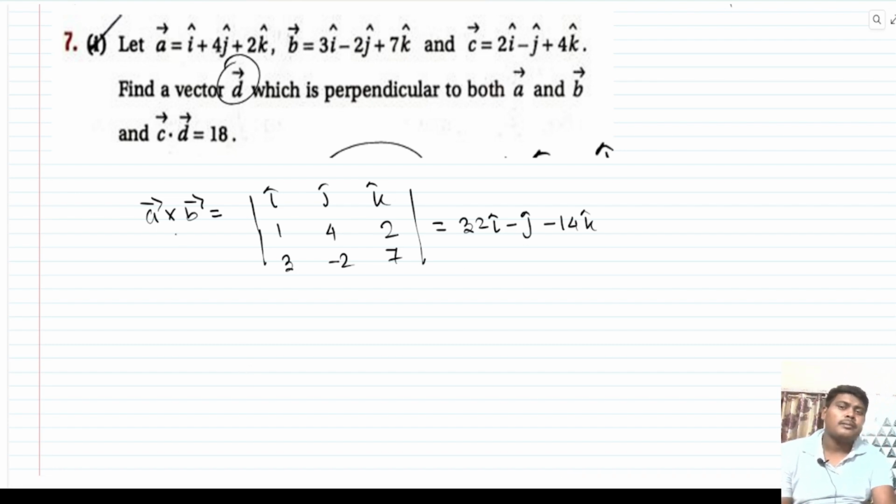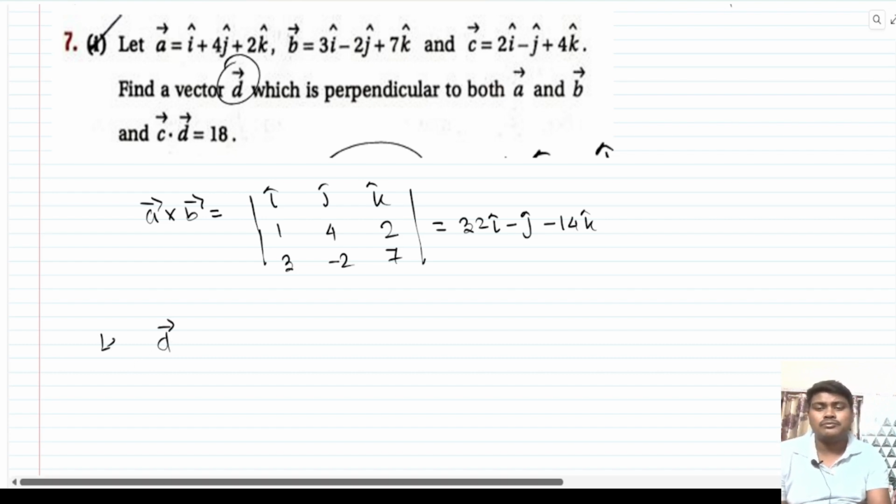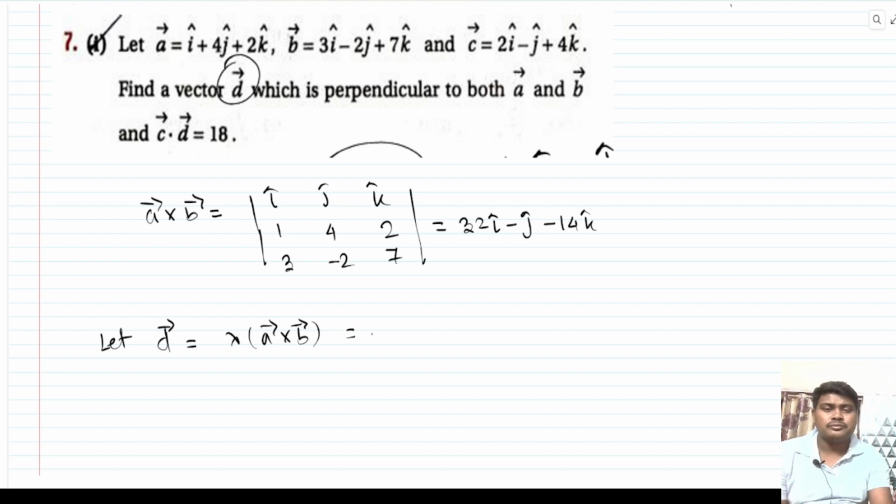D vector is perpendicular to both a and b vector. Also we know that a cross b is perpendicular to a vector and b vector. Therefore d is parallel to a cross b, so d can be expressed as a scalar multiple of a cross b. Let d vector be equal to lambda into a cross b, that is lambda into 32 i cap minus j cap minus 14 k cap.